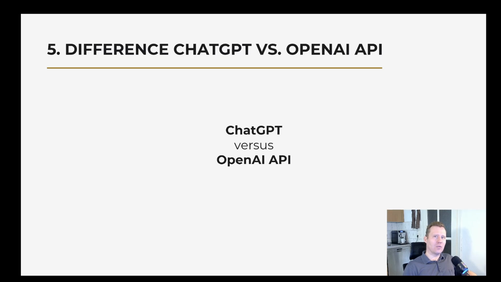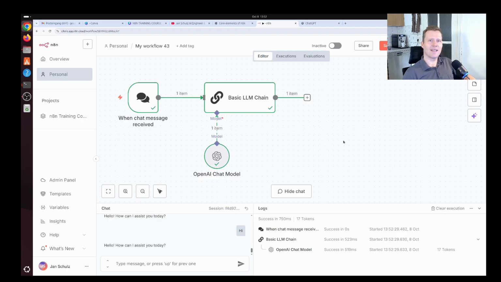Now I would like to clarify the difference between ChatGPT and the OpenAI API by sending the same prompt once to ChatGPT and once to OpenAI API. Let's have a look. Let's first send a prompt to the OpenAI API.